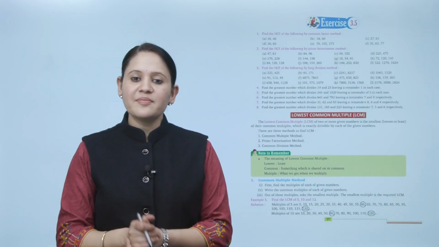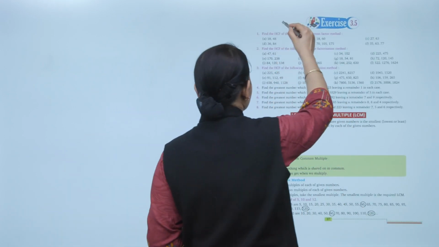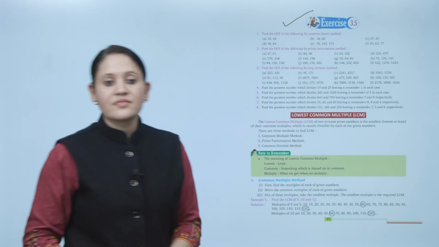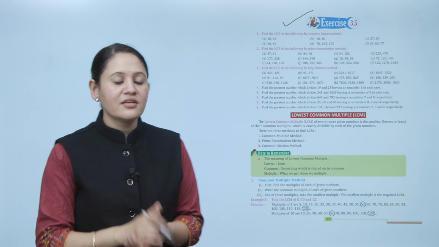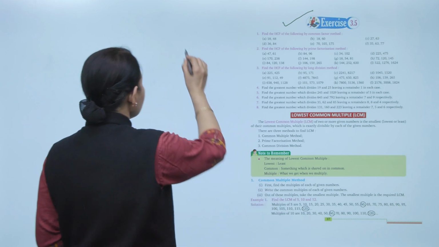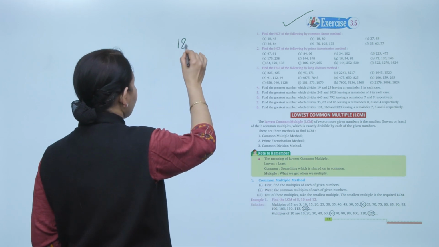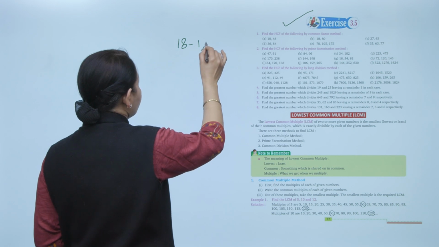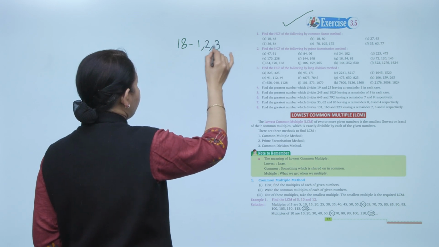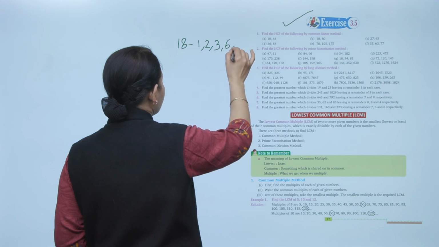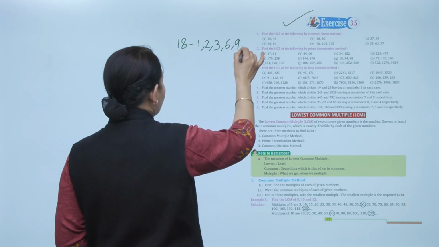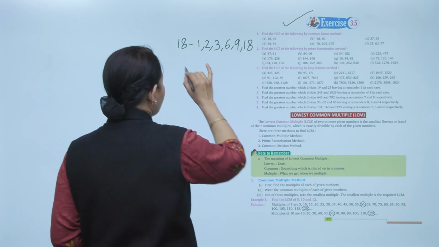Next is exercise 3.5. Find the HCF of the following by the common factor method. So the numbers are 18 and 48. First we'll find the factors of 18: 1, 2, 3, 6, 9 and 18.